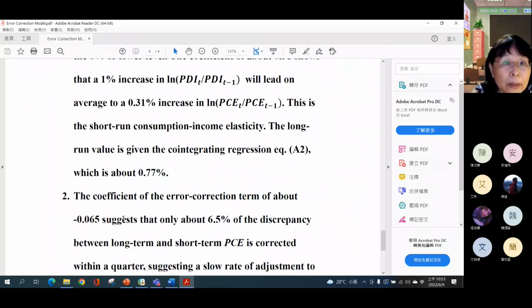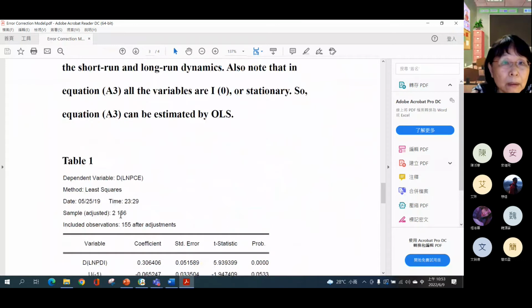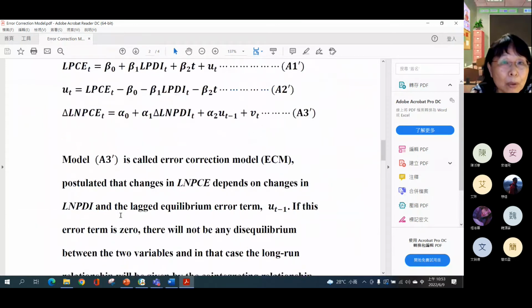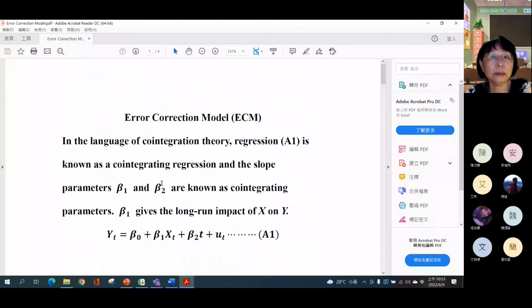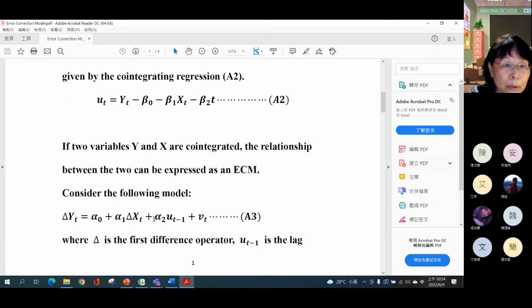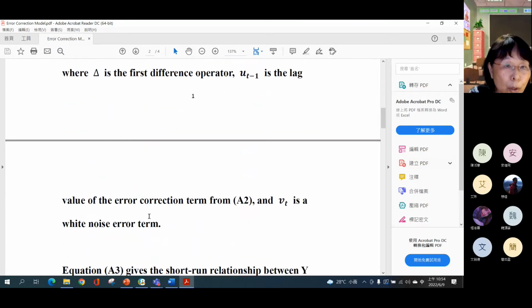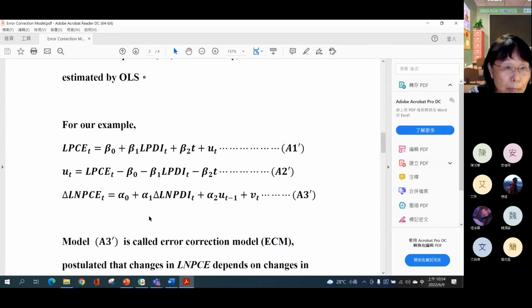Okay, so this is the definition and examples for error correction models. I think it is important for all of you to know, not just for the co-integration regression only, because they are so close together. They are related. And also, I'm going to use this same example to go back to talk about Granger causality.